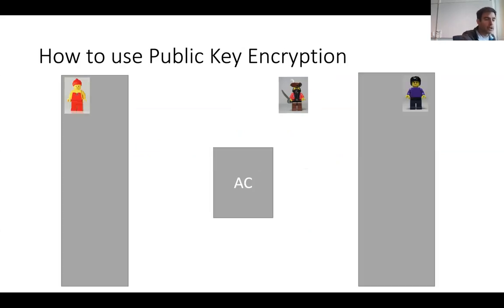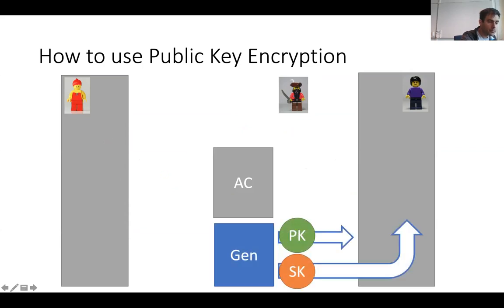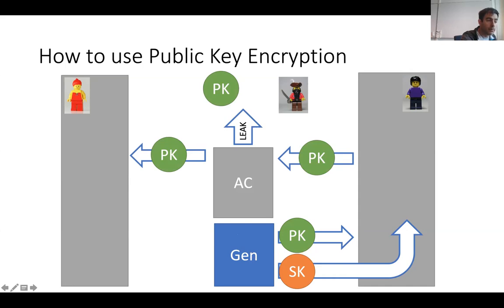So how do you use public key encryption, using the formalization from the book? We can turn an authenticated channel into a secure channel. We run a key generation algorithm, where Bob will get the public key and the secret key. Then Bob will send the public key to Alice via the authenticated channel.